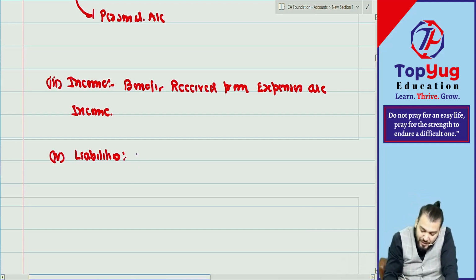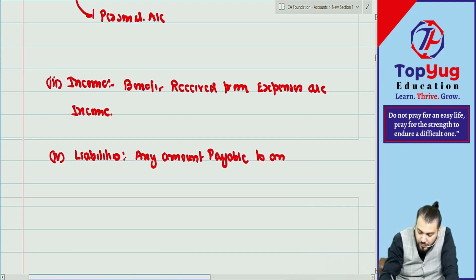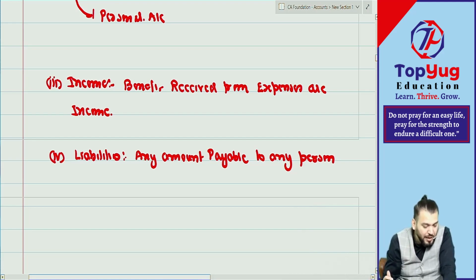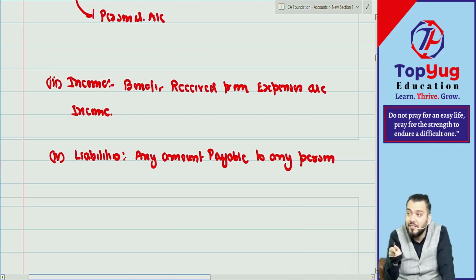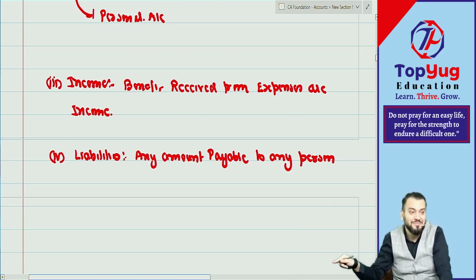So can I say in this way, any amount payable to any person other than owner. So that person is other than owner. Means any amount payable to owner becomes capital.